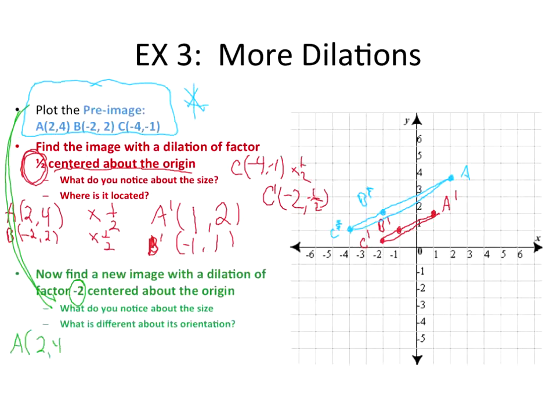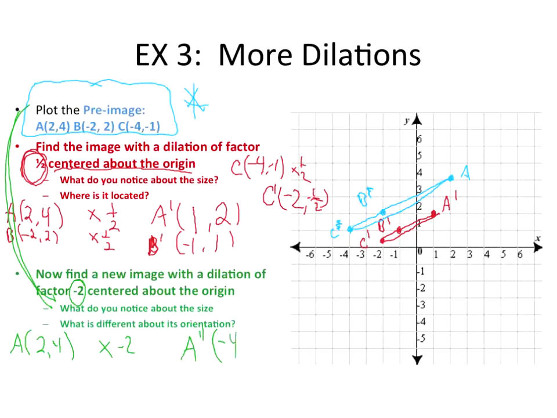So if my original is 2, 4, I'm going to call this A double prime since this is a new triangle we're making. Can you multiply all of A times -2 and let's see what we get? Thank you, Isaac. I'll go back and fix that in just a second.